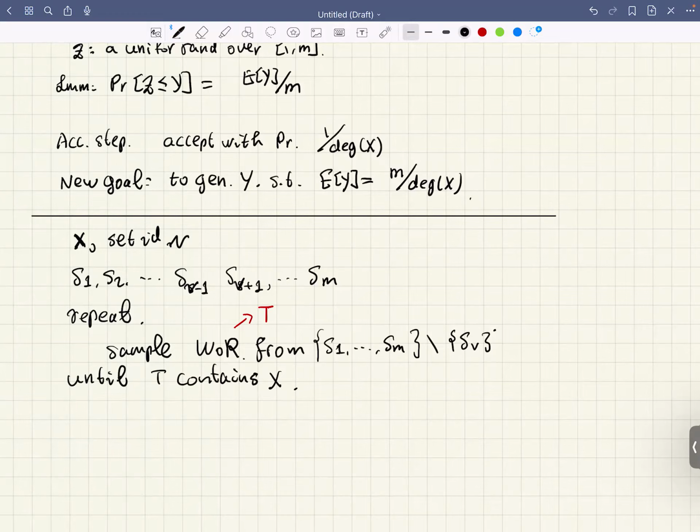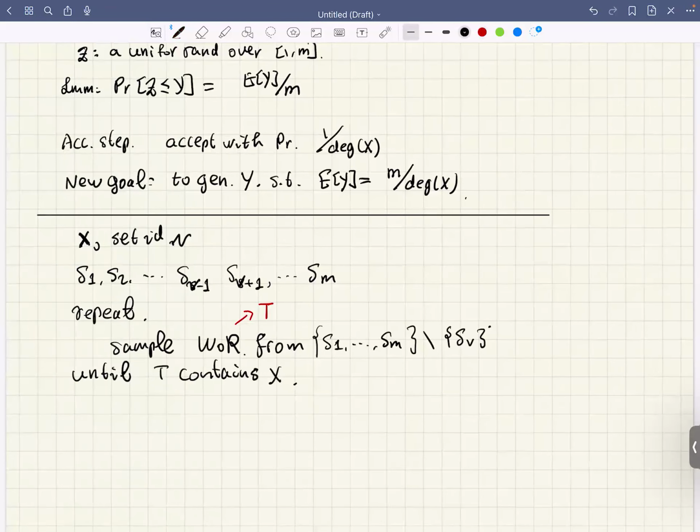The random variable will be how many WOR samples you have to get. So Y will be precisely the number of WOR samples plus 1.